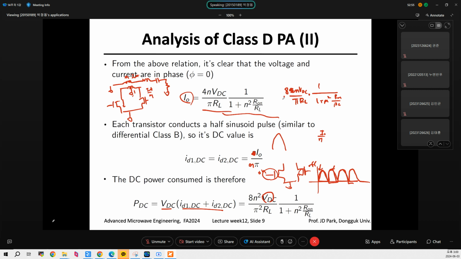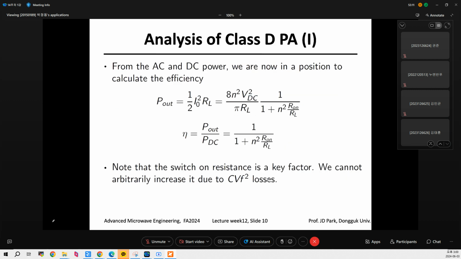So here we have to take n. So actually not this, n is gone away. I think it's wrong. Okay, so P out is given by this.